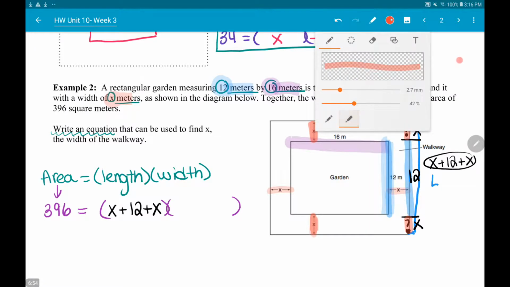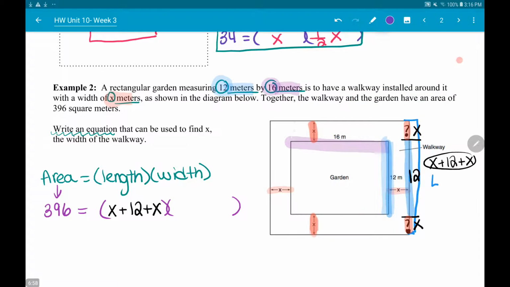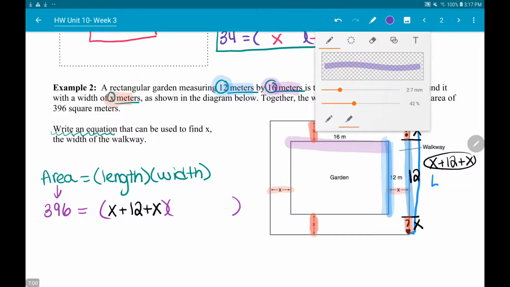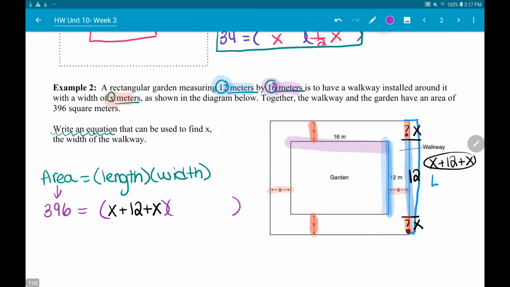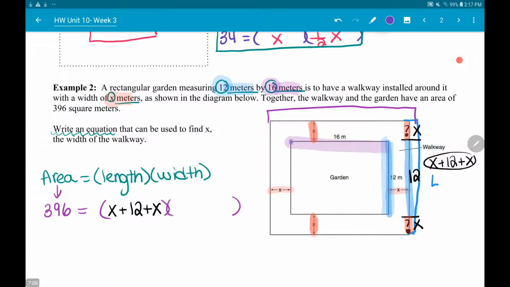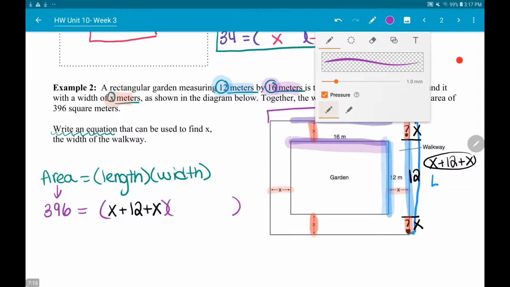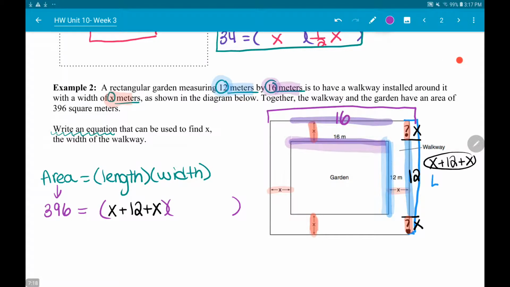Now let me talk about the width. The width is this whole top piece, this whole side. I know part of the width is this purple piece, and I know that purple piece is measured to be 16.